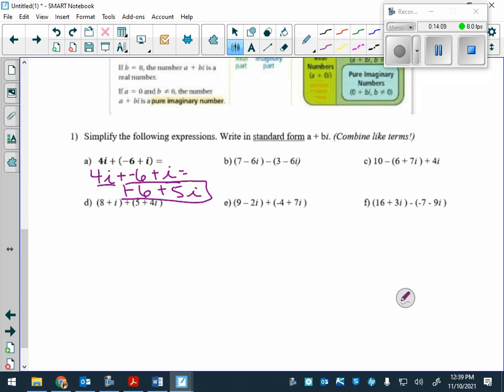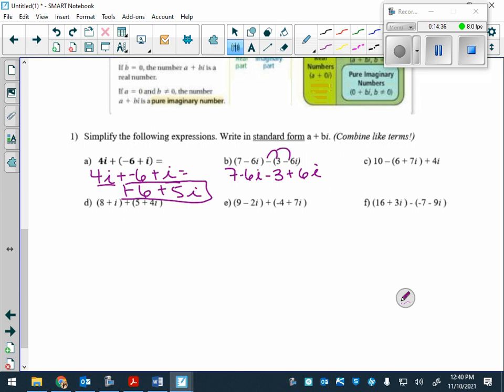But in B, we are now subtracting. What do we have to do? Rory? Good. So we want to distribute the negative sign, right? So 7 minus 6i minus 3 plus 6i. So we distribute, make sure it's to both.